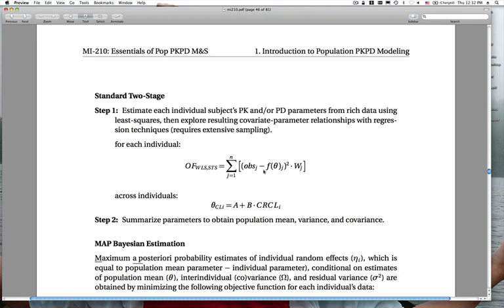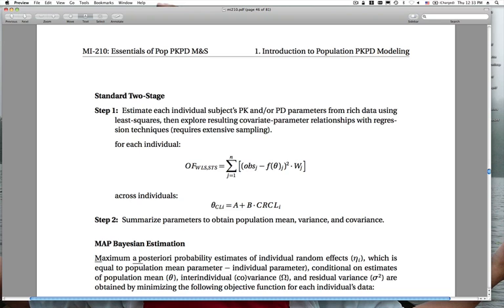And that set of parameters can be summarized in terms of a covariate relationship, such as this one here, where we have maybe the clearance across each individual viewed as some function of creatinine clearance. And then a second step might be to summarize all of those parameters in terms of a population mean, variance, and covariance across the population.